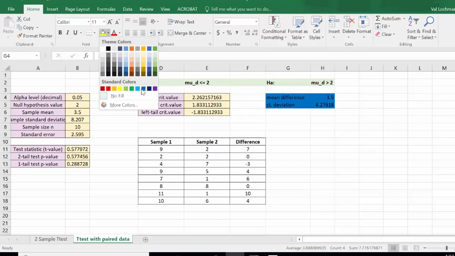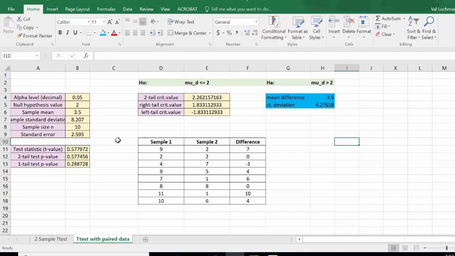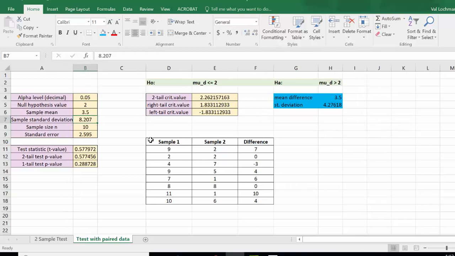Let me highlight it in a different color. Sample standard deviation, I'm going to round to 3 decimal places, 2.76, and I have a sample size of 8. Now I got my values.